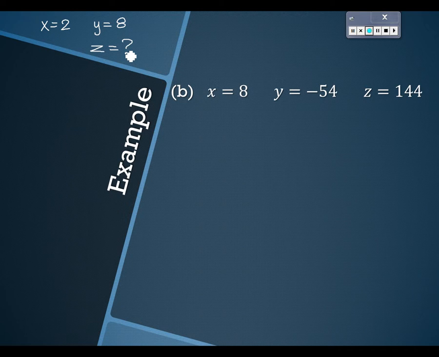Well, I said when x is 2 and y is 8, what's z? This is, z is 144, right? When x is 8 and y is negative 54. But what is z when x is 2 and y is 8? So we just have to find k first. You might have to find k first, yeah. This is meant to be a similar question. Last one here. Same instructions.